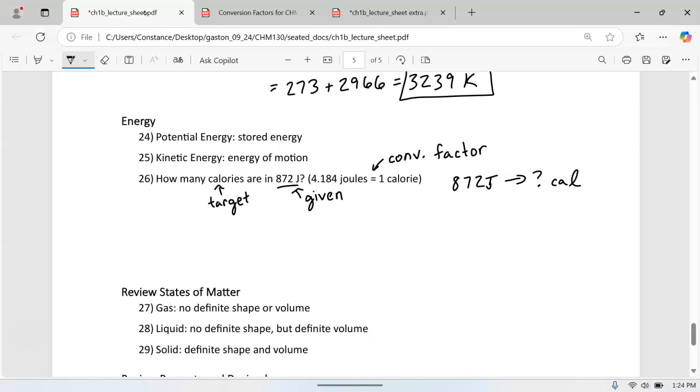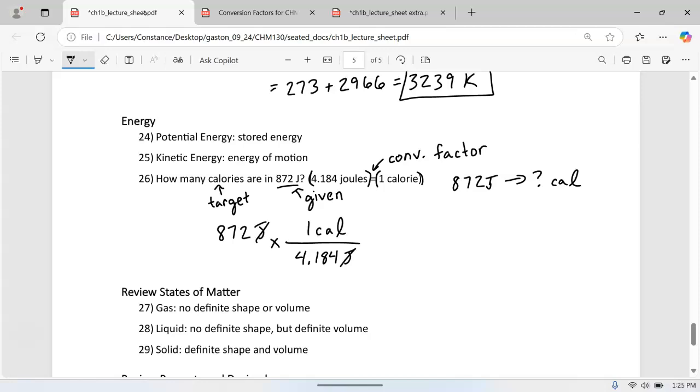We start out with the 872 joules and multiply by our conversion factor. Because we're starting with joules, we want the joules on the bottom. So I go to my equality and put 4.184 joules underneath, and then on top goes the 1 calorie from the equality.